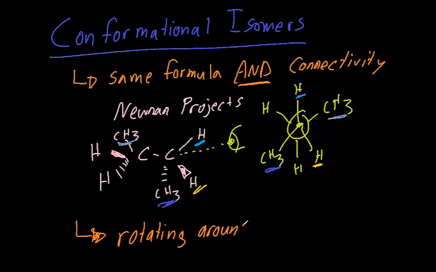And so with a simple molecule like this, there will always be constant rotation around that single bond because there's free rotation around single bonds. And so conformational isomers have to do with rotating around a single bond.